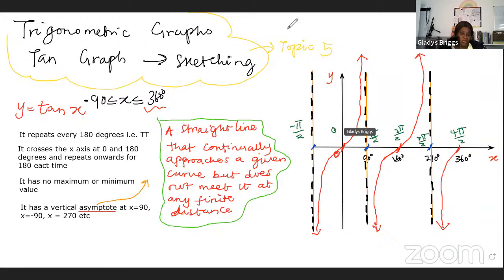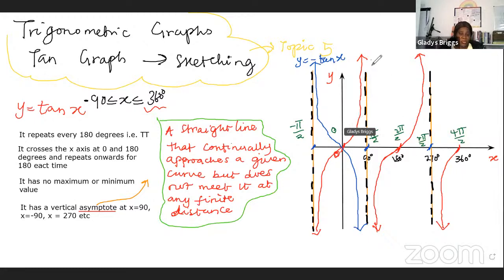Hang on a minute, let me choose. So it will be something like this. Okay, y is equal to negative tan x, okay? And so that will be this one and this one.